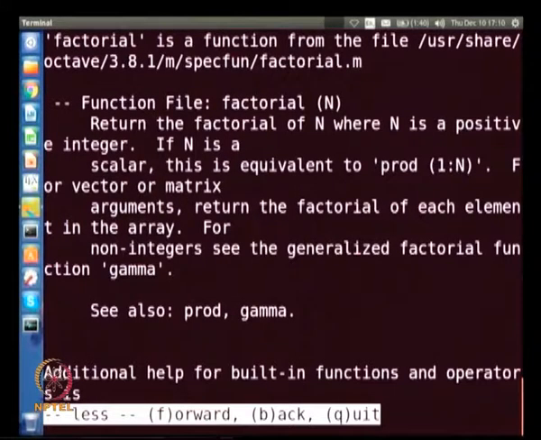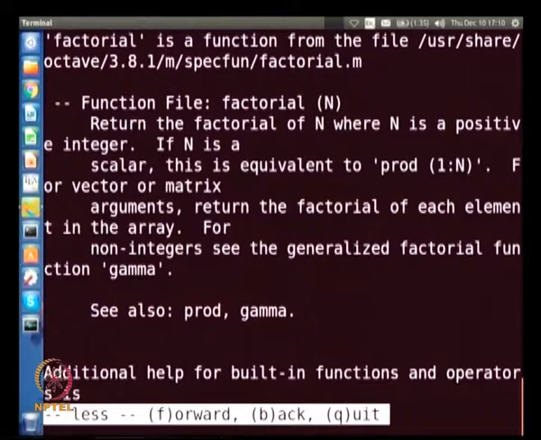There is a function called factorial. It says return the factorial of n, where n is a positive integer. If n is a scalar, this is equivalent to the product of 1 to n. Of course you know that 3 factorial is 3 into 2 into 1. For vector arguments it also works. So now you know what a vector argument is, and for non-integers, see the generalized factorial function gamma.